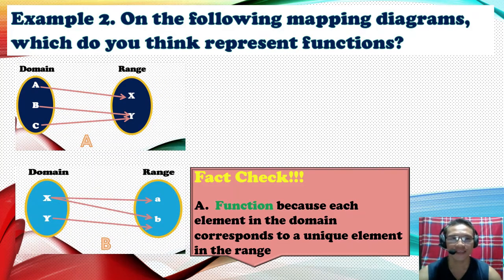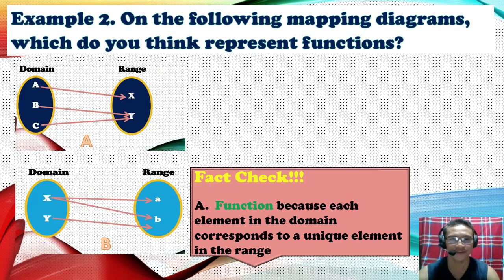In letter B, we have domain X and Y, and we have range A, B. So comparing to letter A, as you can see, there is a domain element which corresponds to two values of the range.